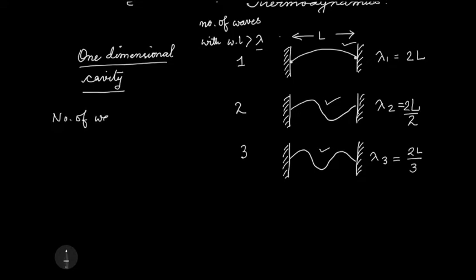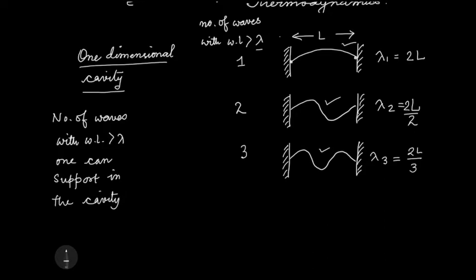This way I can go on, but you have got the trend: the number of waves with wavelength greater than lambda that one can support, one can fit in, or support is a better word, in the cavity of length L.